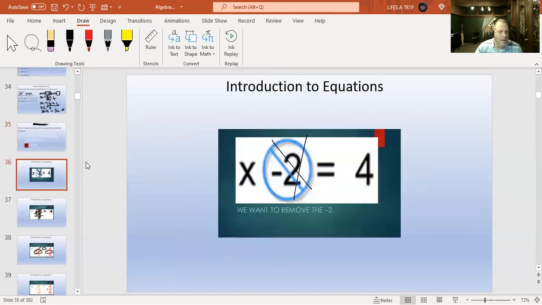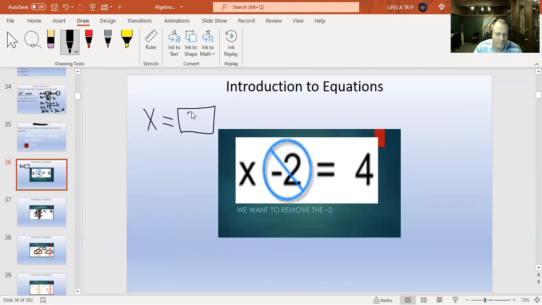Then in our equation, we have to know what X stands for. We have to start getting X by itself. This is our ultimate goal right here, to get X by itself.